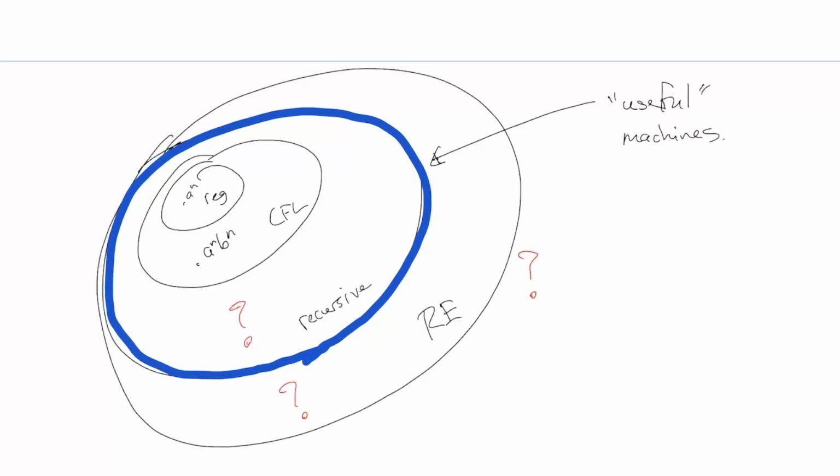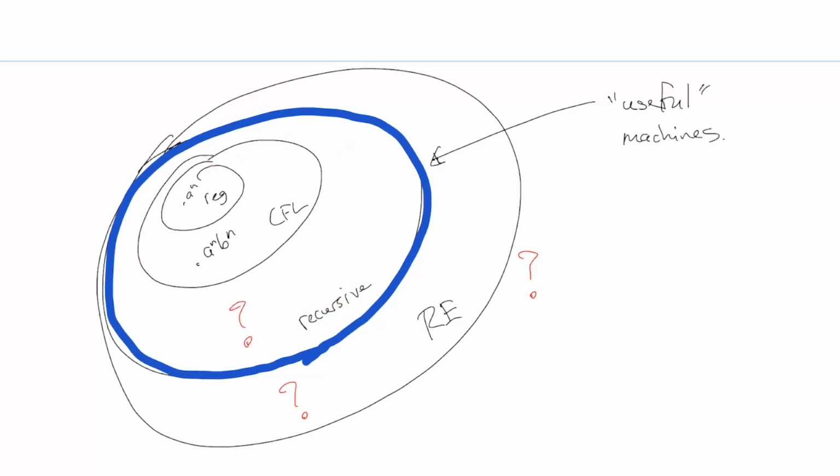So anything outside the category of recursive, you should think of as things which you can't really do on useful real-life machines. And why I say those ones are useful but not these, even though these RE languages you can compute using Turing machines. From that point of view, this sounds like a real-life machine that you could, in theory, create. But actually, it's this category which are the real-life useful ones.